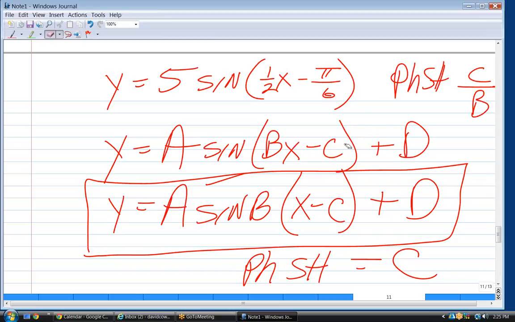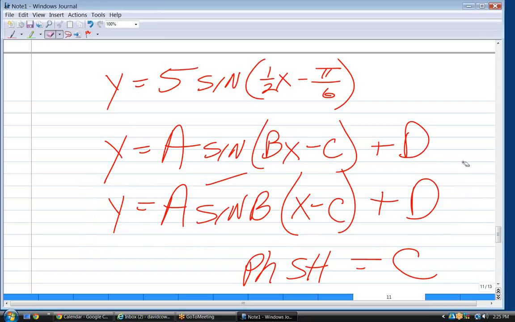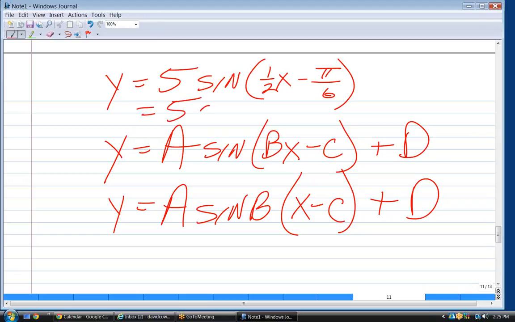It's kind of a shame that different math curriculums have decided on these different formats, because it's nothing but confusing to students. But as long as you know that it doesn't matter, in other words, if I give you this equation, what's the phase shift on my y sub 1?